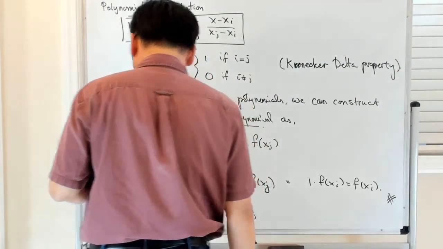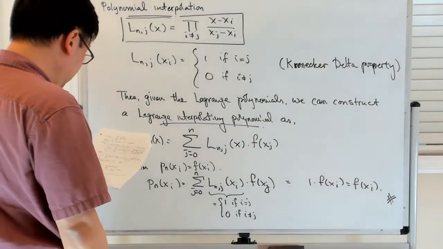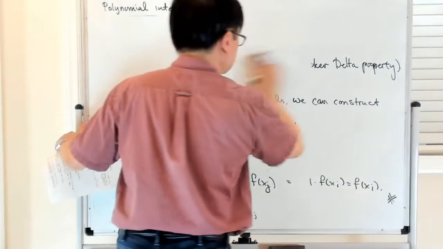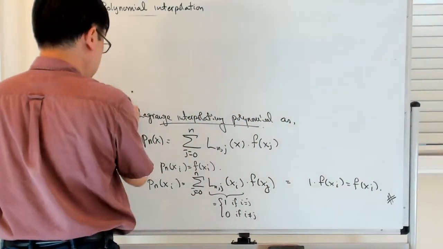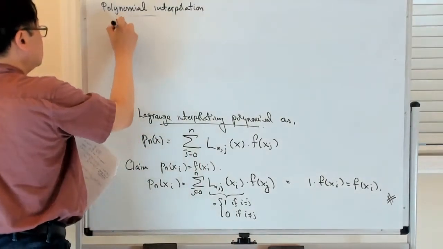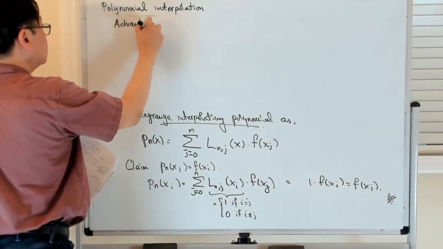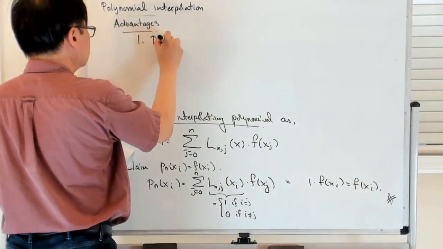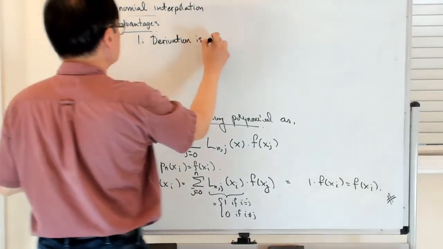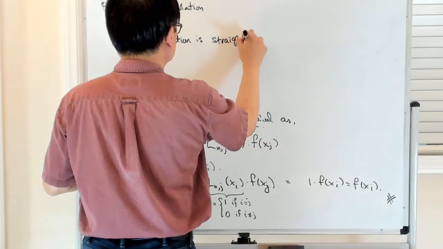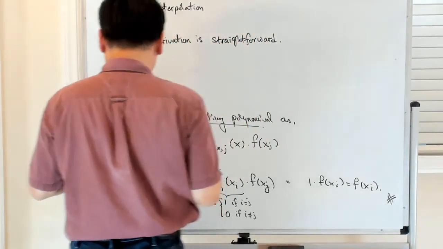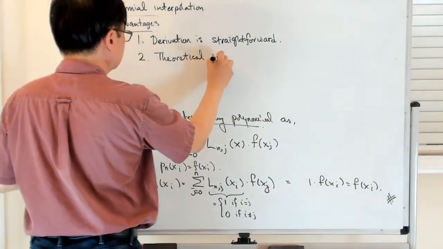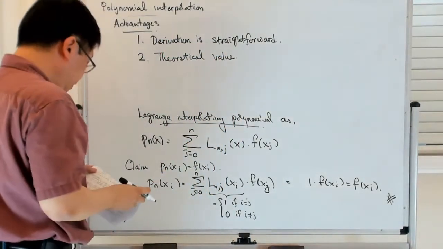So let me say briefly a bit about the advantages and disadvantages of this. The advantages are that the derivation is straightforward, and it has theoretical value in the sense that we'll use it to prove a bunch of things.